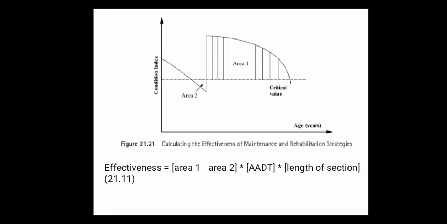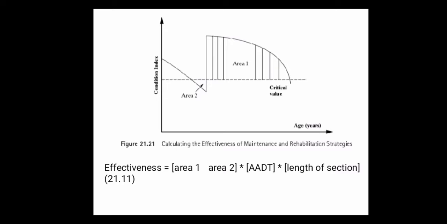So, effectiveness is estimated by computing the area under the condition prediction model curve and the established critical value for highway condition. Effectiveness is calculated for a planning horizon, for example 10 years, and areas above the critical value are positive, and those below the critical value are negative.